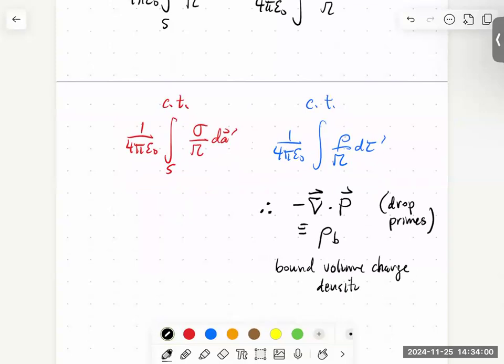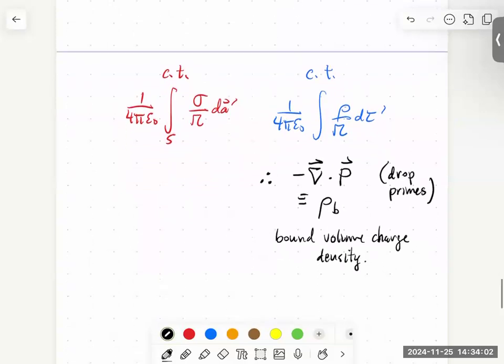And let's just emphasize right off the bat that this is non-zero only when P, the polarization, is not uniform, because we need a non-zero divergence for this to be a non-zero rho b.